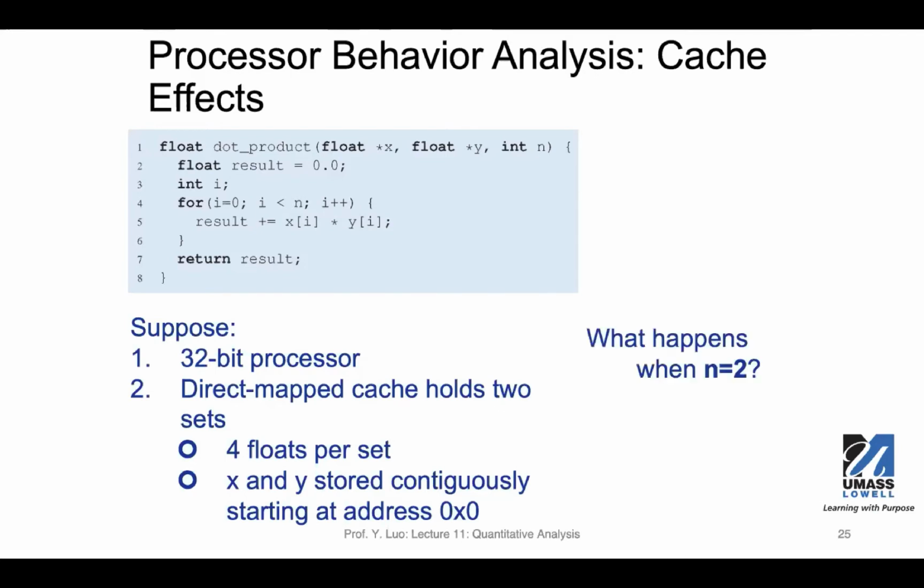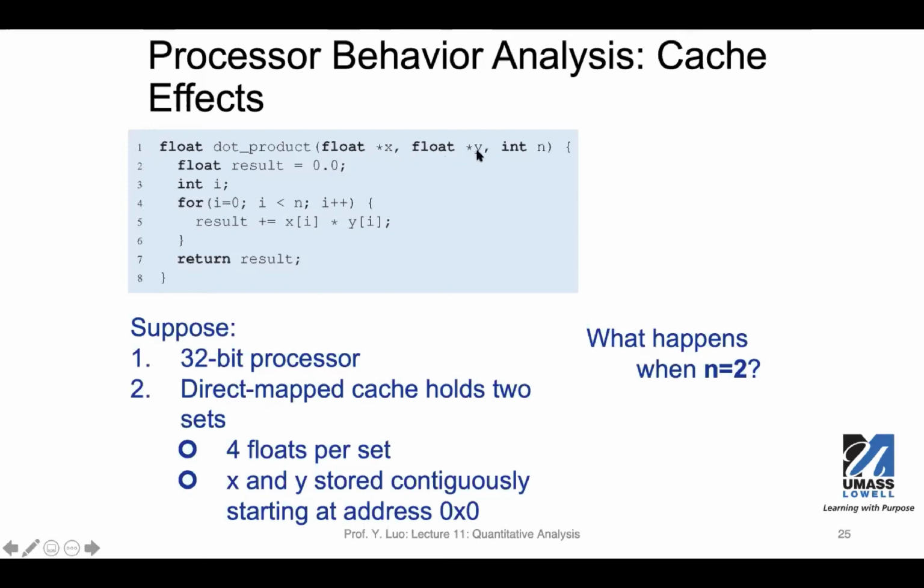So let's look at the case, what will happen if n is 2. When n is 2, in the array x we have two floating point numbers.